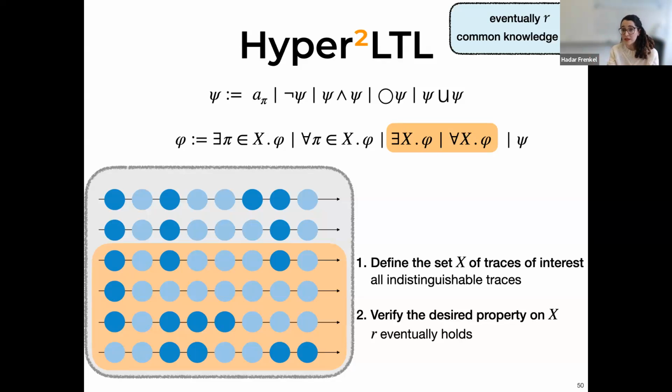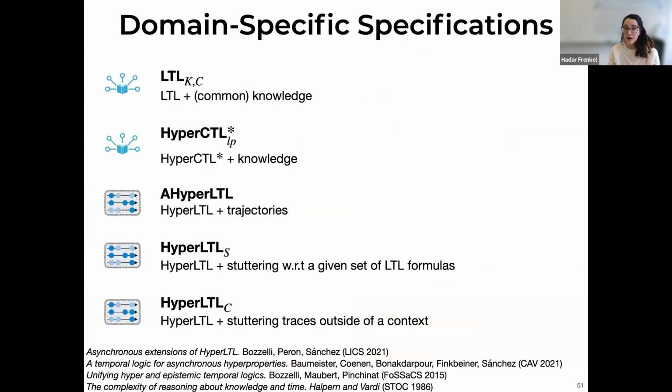Using this second order quantification, we can express many interesting properties. I want to mention that there are domain-specific specification languages for the properties I showed here, for common knowledge and for asynchronous hyperproperties and for other properties as well. The limitation on the logical side of these solutions is that they are domain-specific.